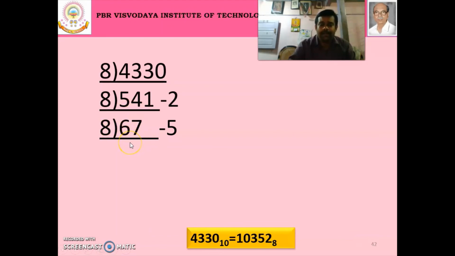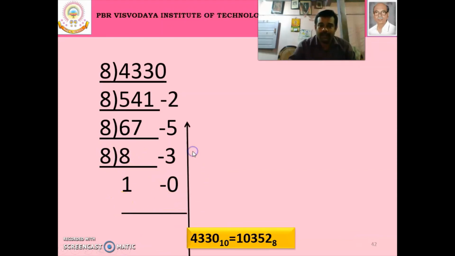So 8 8s are 64. So remainder is 3. Again you are dividing this 8 by 8. You will be getting 1, and the remainder is 0. And you are taking the remainders in reverse, and you are writing the answer, that is 10352.